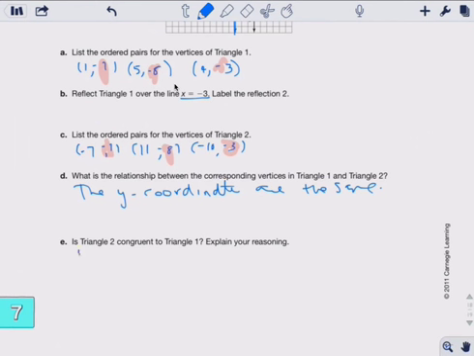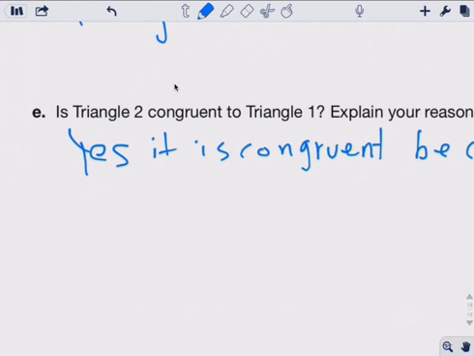Yes, it is congruent because it is a reflection, and reflections do not change the shape and size of the triangle.